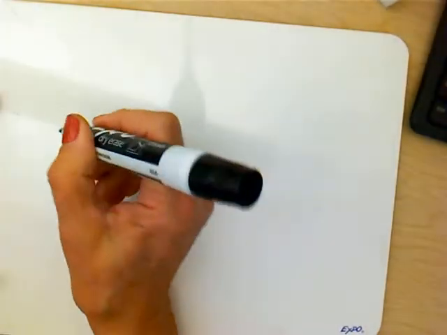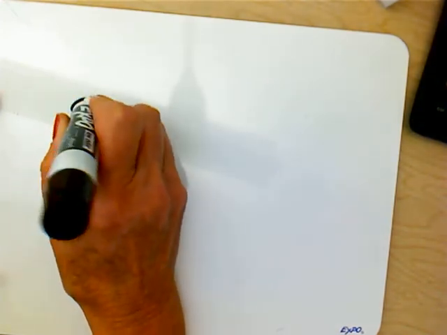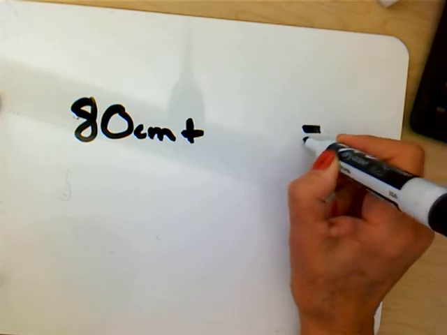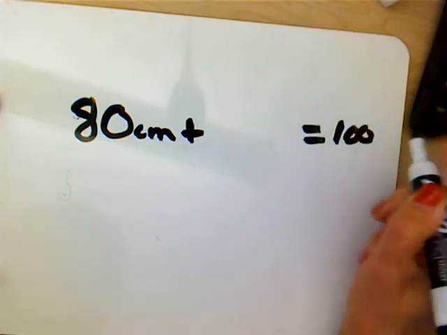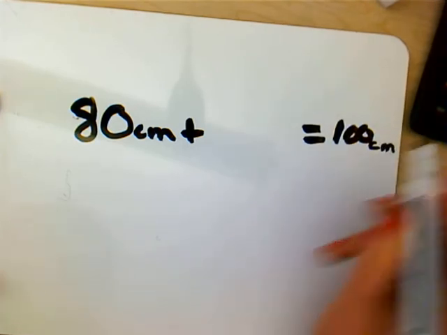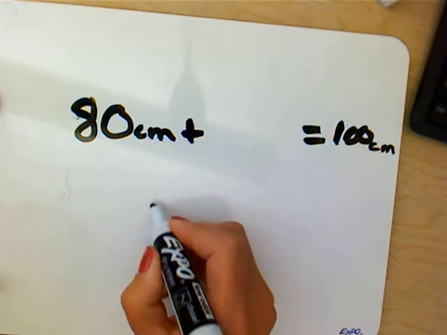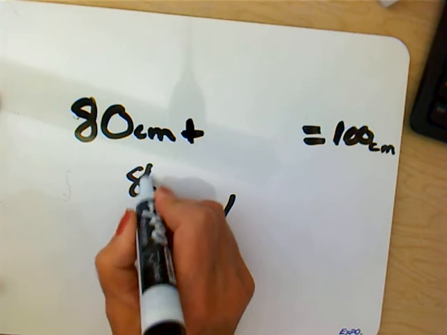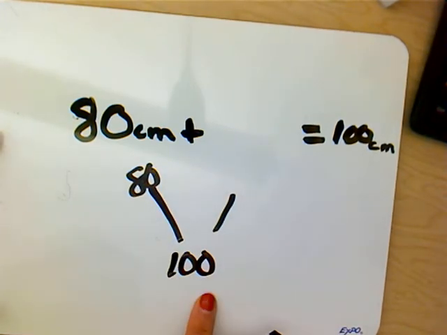Let's ask ourselves the question, if I had 80 centimeters and I wanted to add something to that to get 100 centimeters, what would I have to add to 80 to do that? So I'm going to make my number bond with 100 and 80 up here. What would I have to add to 80 to get that?